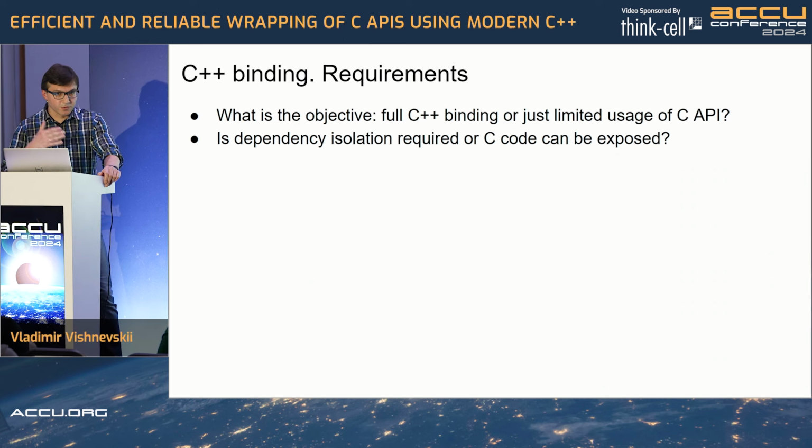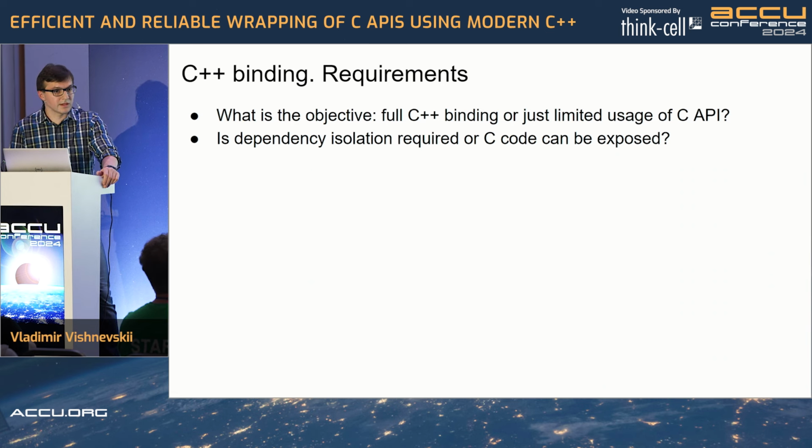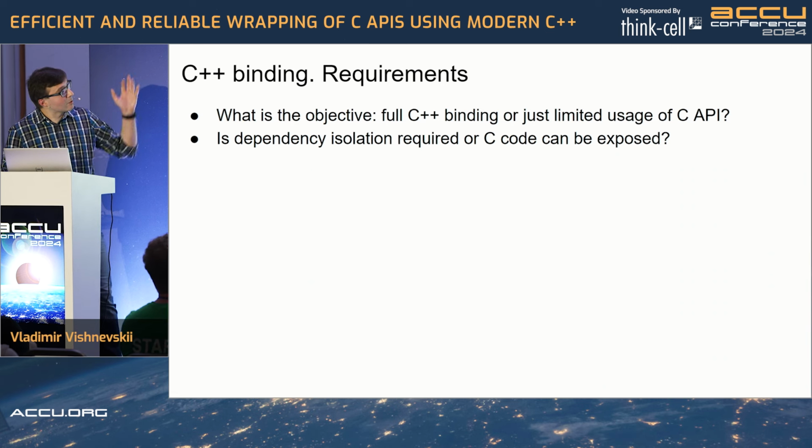Of course, a full C++ binding, and full language binding in general, is a lot of engineering and a lot of effort. Most of the examples will be going in the direction of full binding because it's more to demonstrate. But of course, in many cases it's not required.